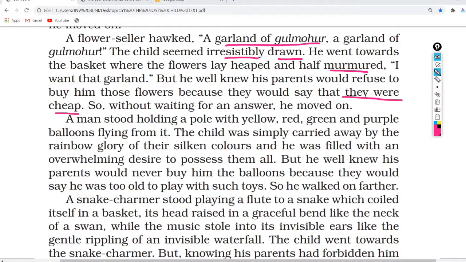So, without waiting for an answer, he moved on. You see, this line is repeated. This is the act of the child.